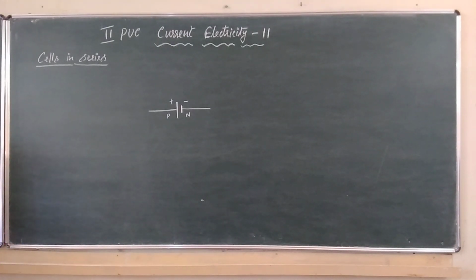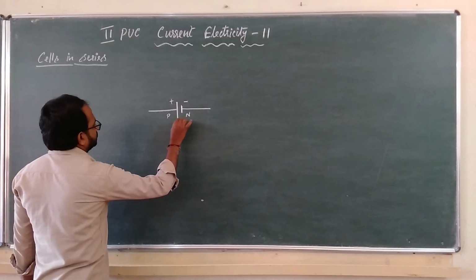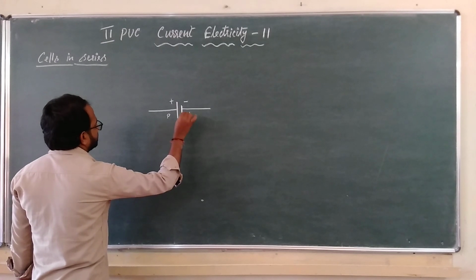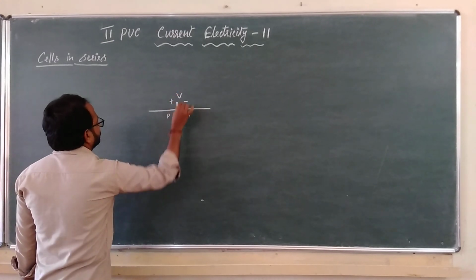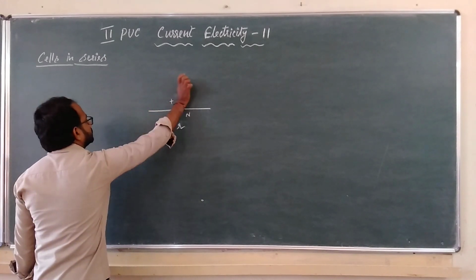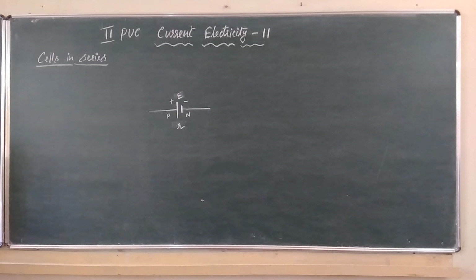We write the EMF E and the internal resistance r. That is the symbol of a cell. So today we discuss the series combination of cells.